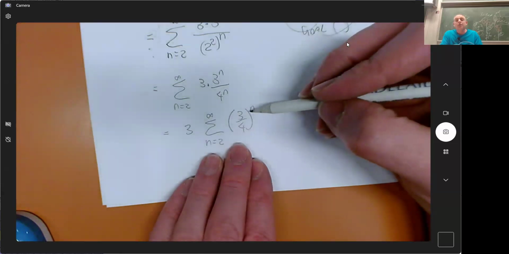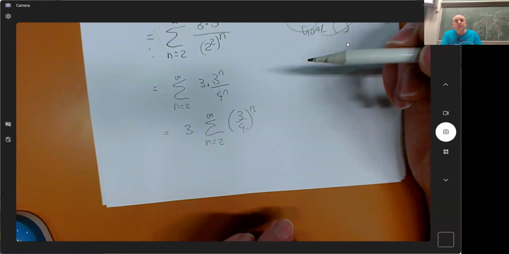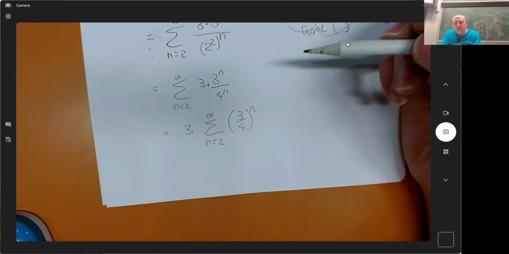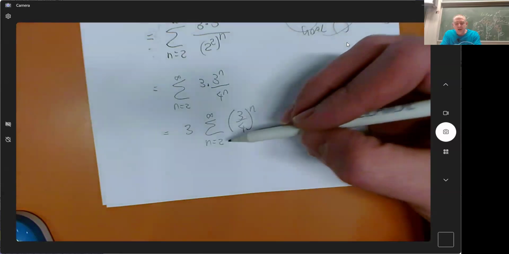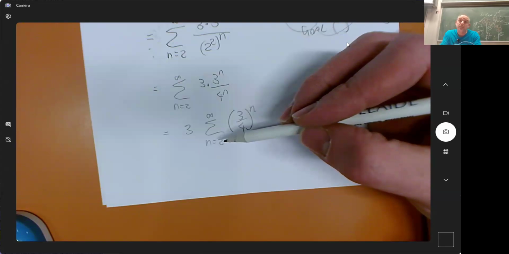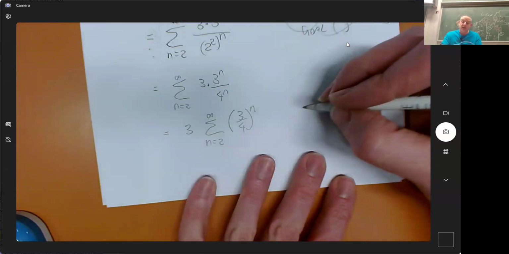And look at that, 3/4 is less than 1, and so yes, it will converge. The problem is that my formula for what a geometric series adds to starts at 0, not at 2. But at this point I can tell it converges.